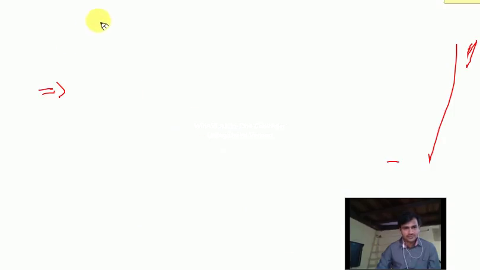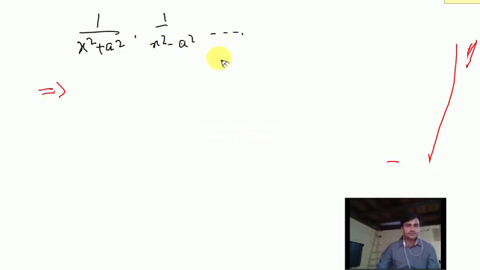So you may have something like 1 divided by x square plus a square, or you may have 1 divided by x square minus a square. Like this, you have totally 9 important derivations. Out of that 9 derivations, one derivation will be asked for 5 marks.